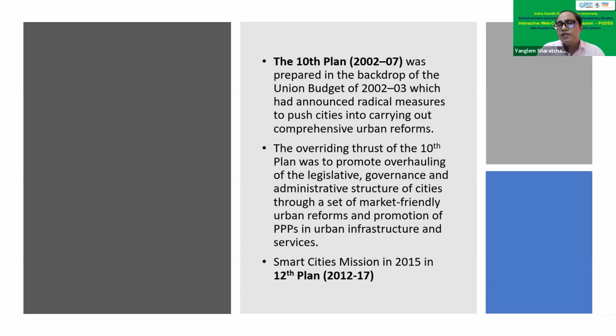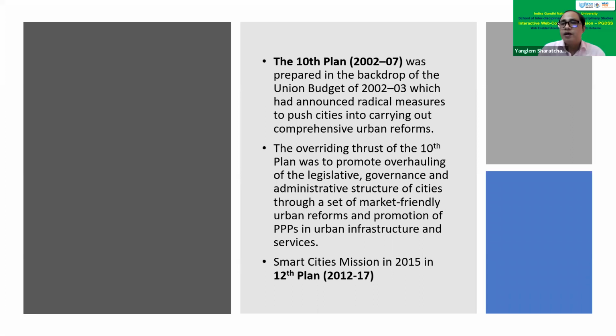Our journey of urbanization, the issues of urbanization, was tackled in different five-year plans, starting from giving proper settlement to the refugees, then giving proper infrastructure and basic amenities to the slum areas.